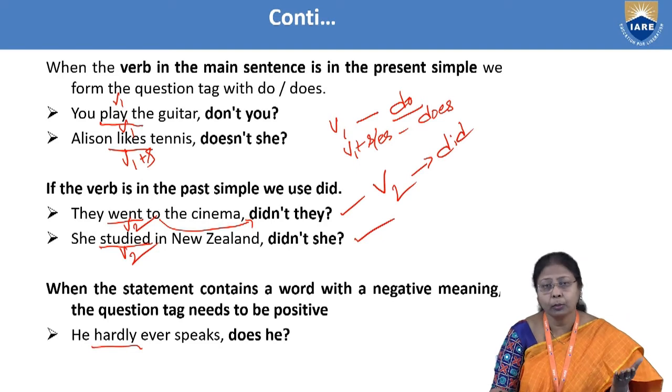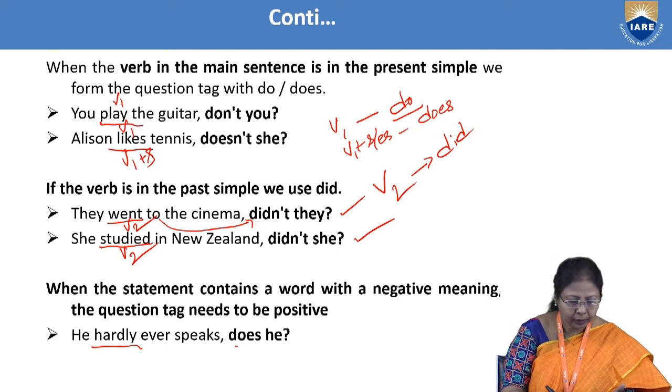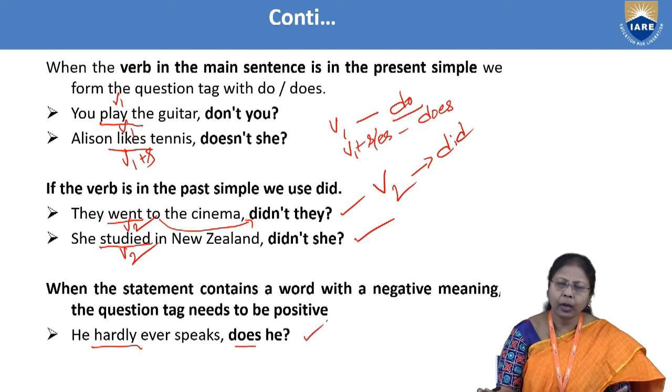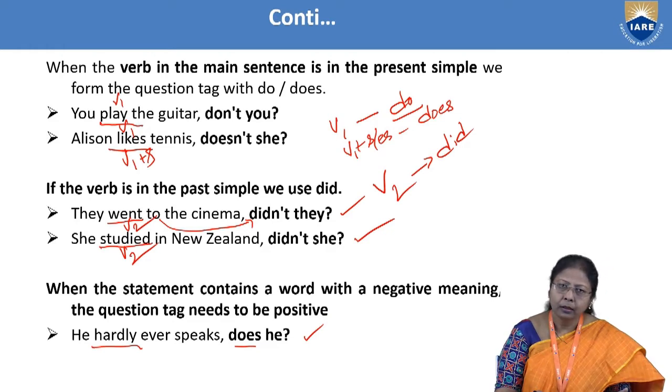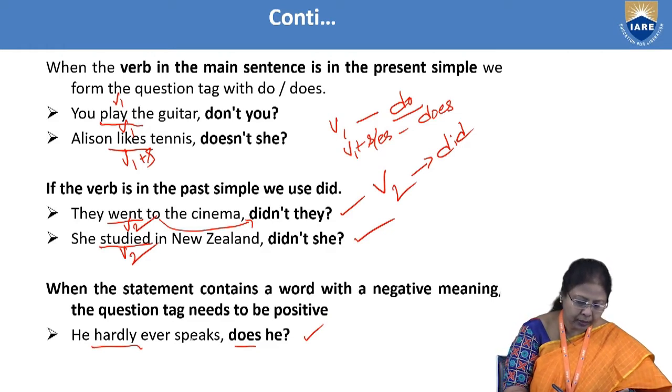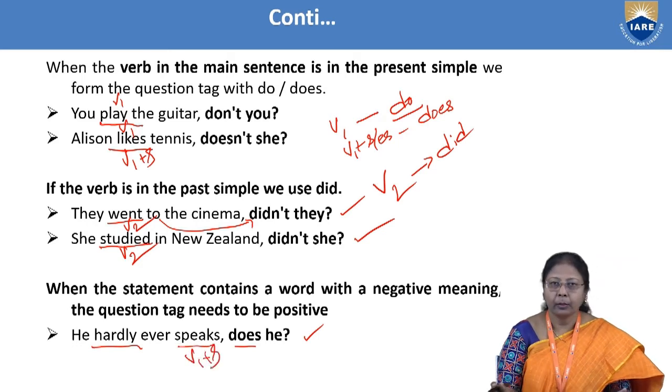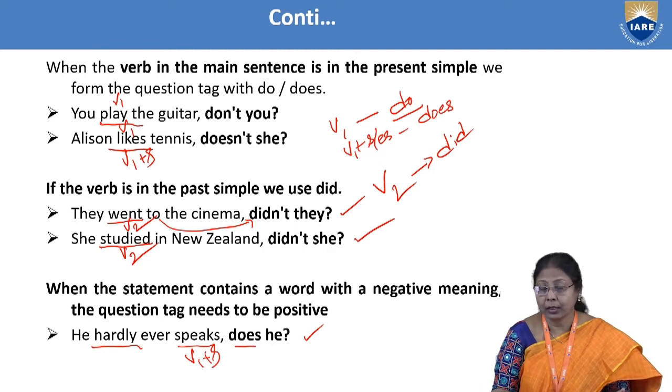It's a negative sentence, so we have taken does. Why can't we take do he? Speaks is V1 plus S in the main verb, so we go for does he, not doesn't he.